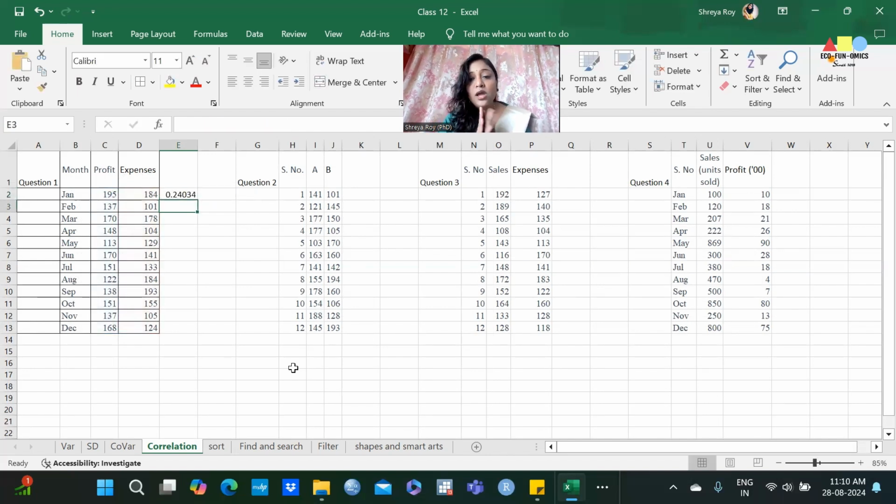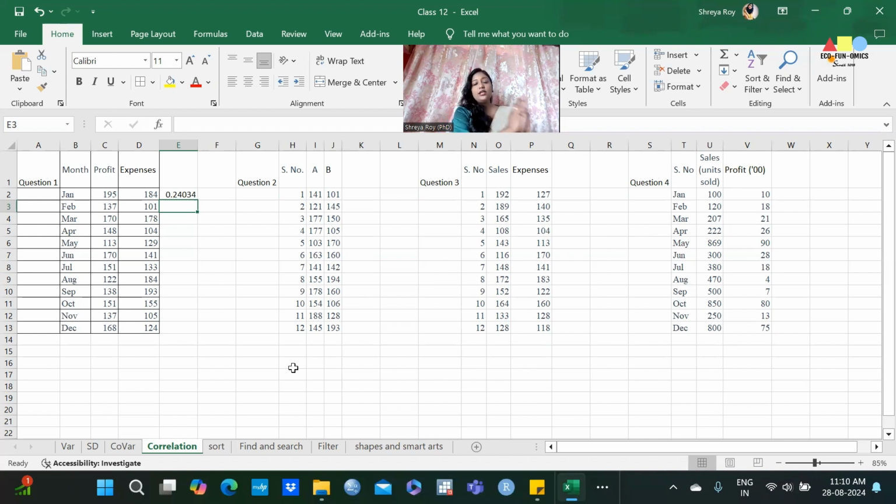Okay, so now again pay attention, because correlation can range from -1 to +1, with 0 in the middle.